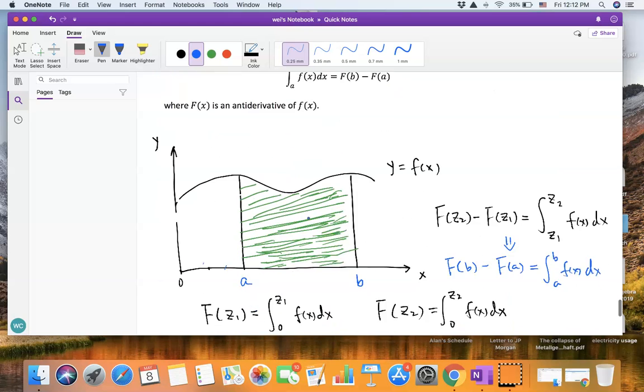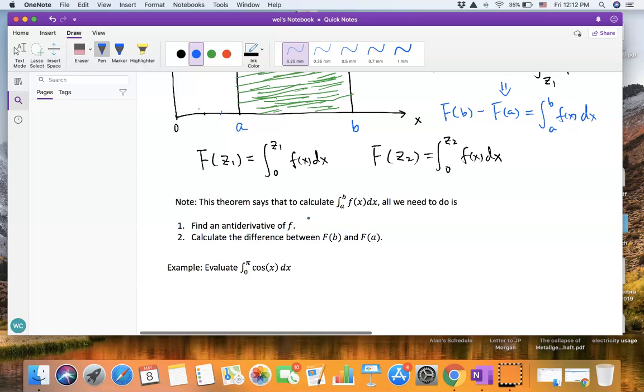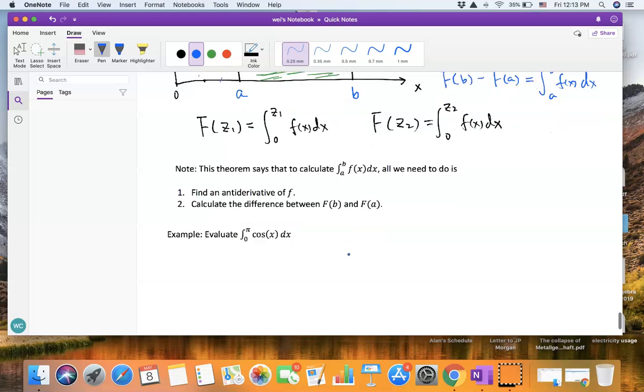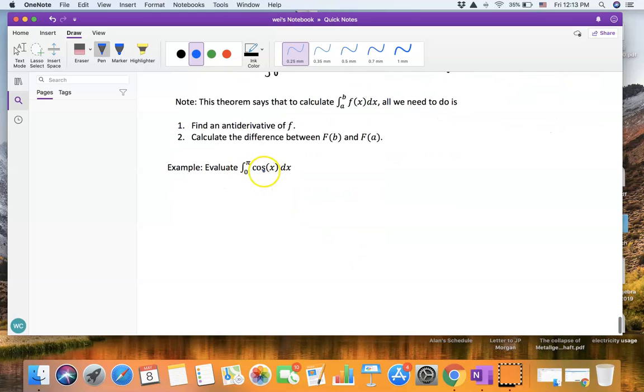So now, using this new method, we only need to do two things. First is to find the antiderivative, and the second thing, we plug these two numbers into the antiderivative and then find the difference. Let me use this example to illustrate this method.